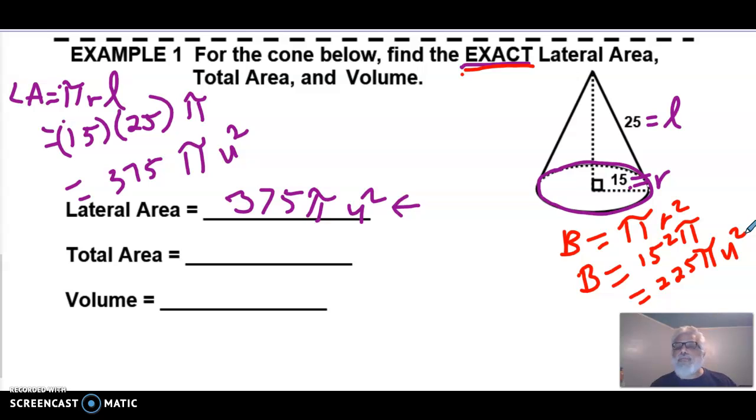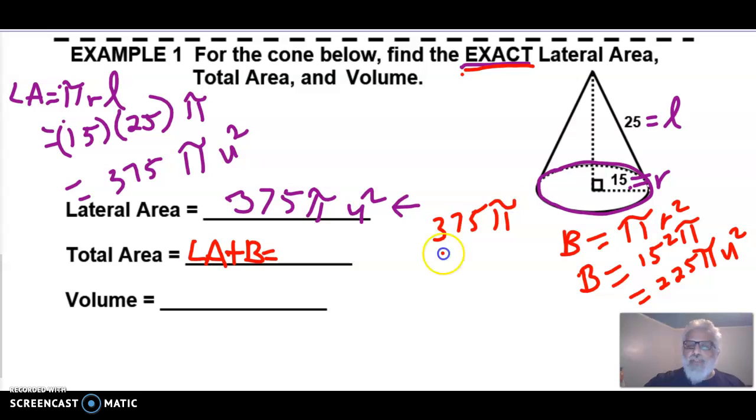So now that we have that, we find the area of the base. So we're going to have the lateral area plus area of the base is going to equal the total area. So I'm going to get my 375 pi plus my 225 pi.